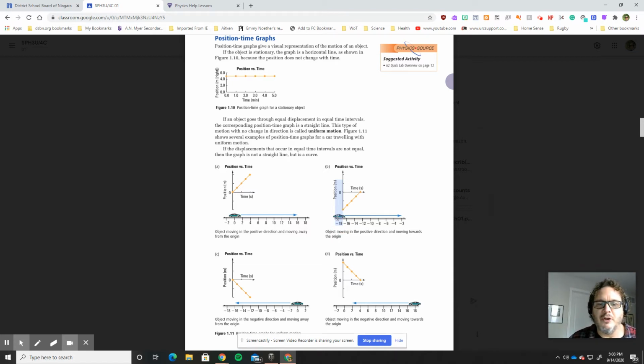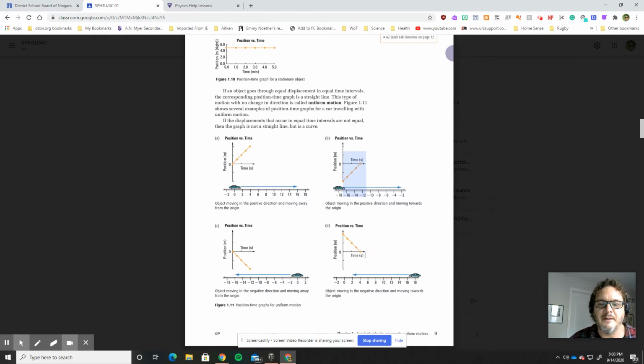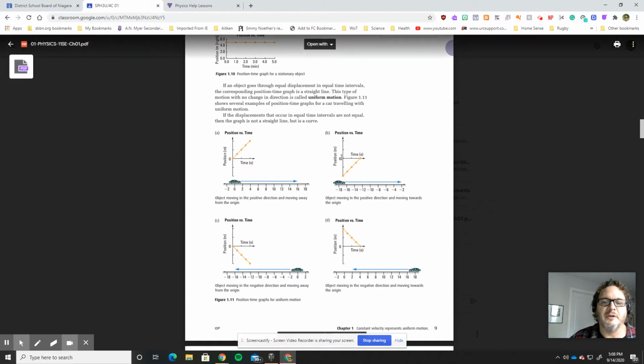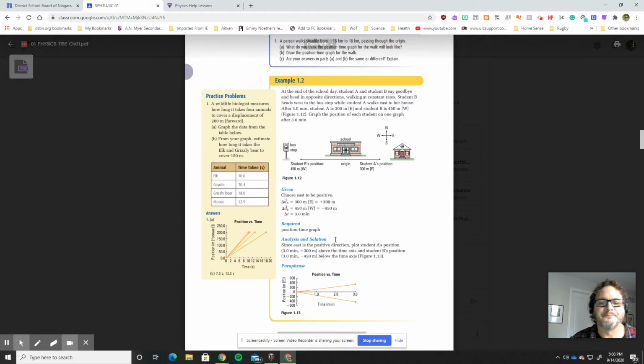If I'm traveling to the right at a constant speed, then my slope will be up and to the right at a constant speed. If I happen to be traveling to the left at a constant speed, then my slope will be down and to the right, according to this particular sign convention, where things to the right of 0 are positive and to the left are negative.